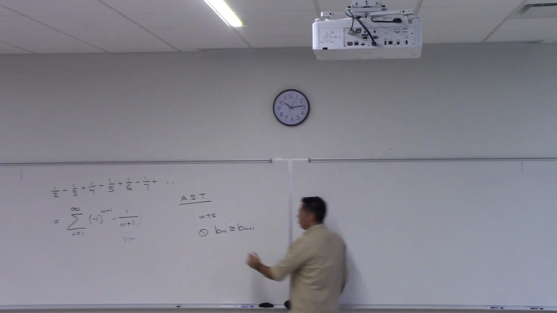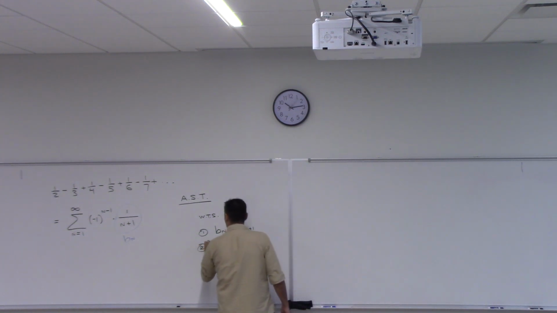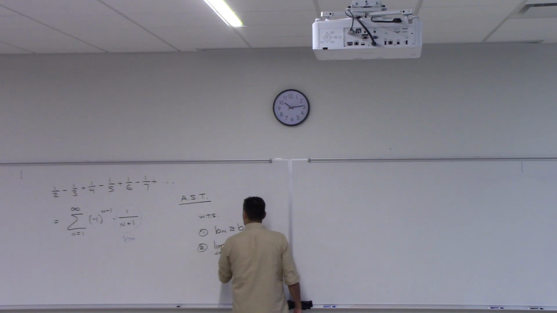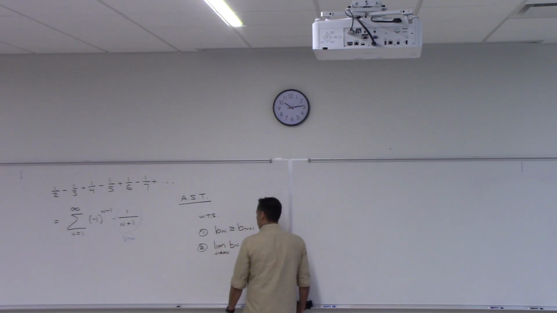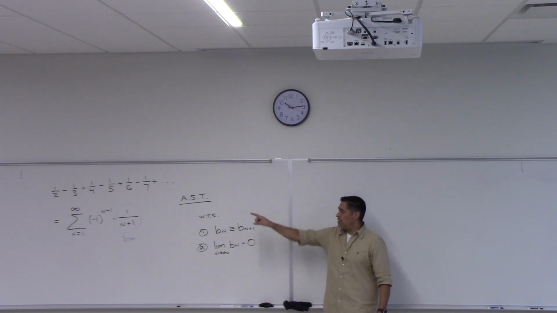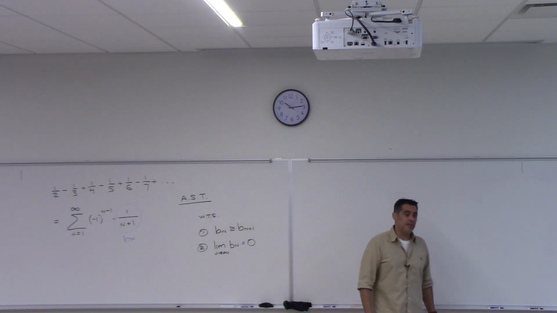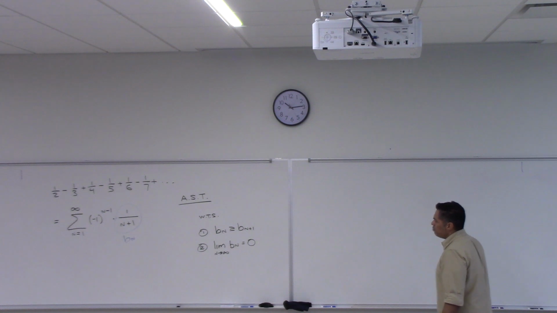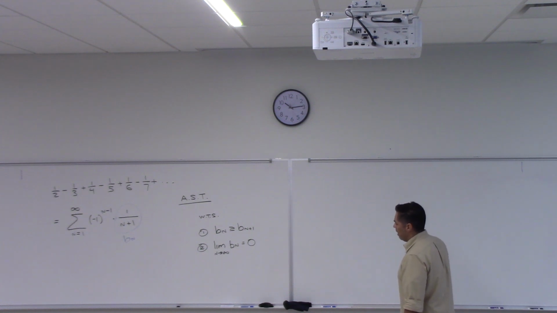And then 2, I want to show the limit as n goes to infinity of b sub n must equal 0. Those two things I have to show. If both of these things are true, then I can tell you that that series, what? Converges.